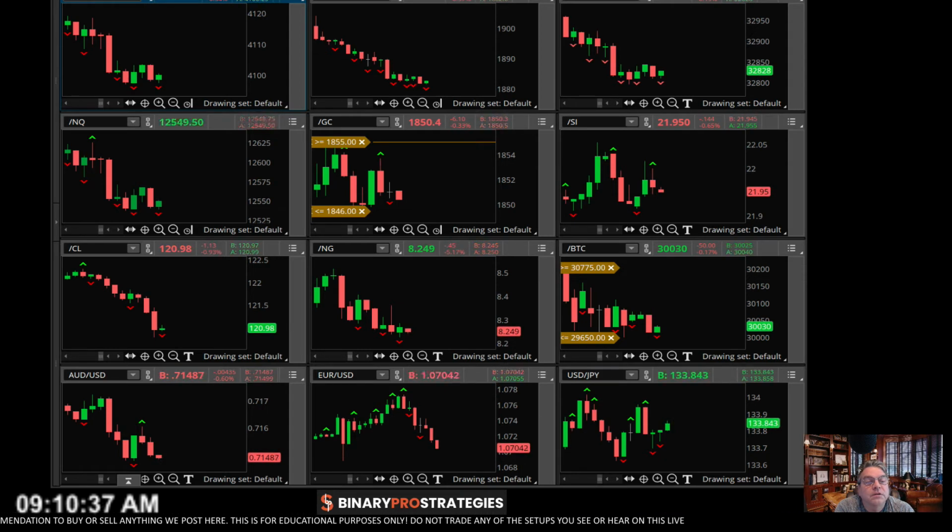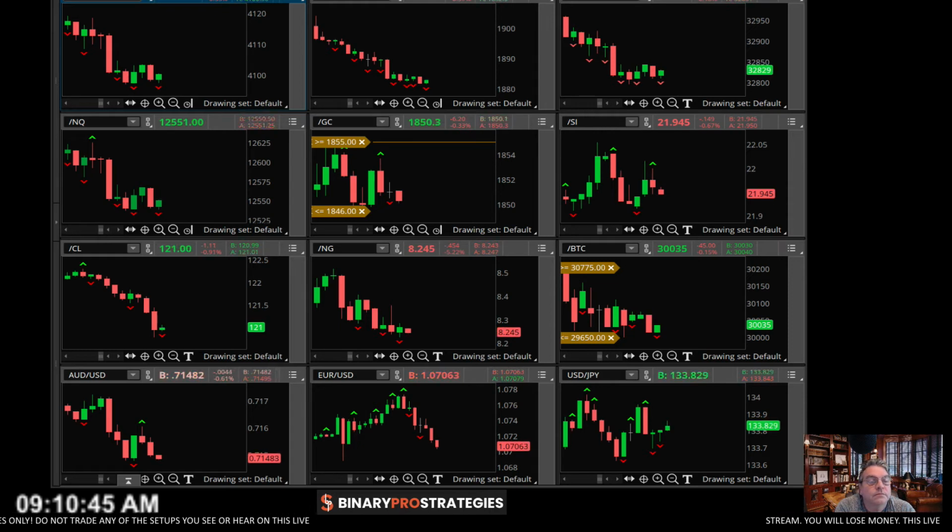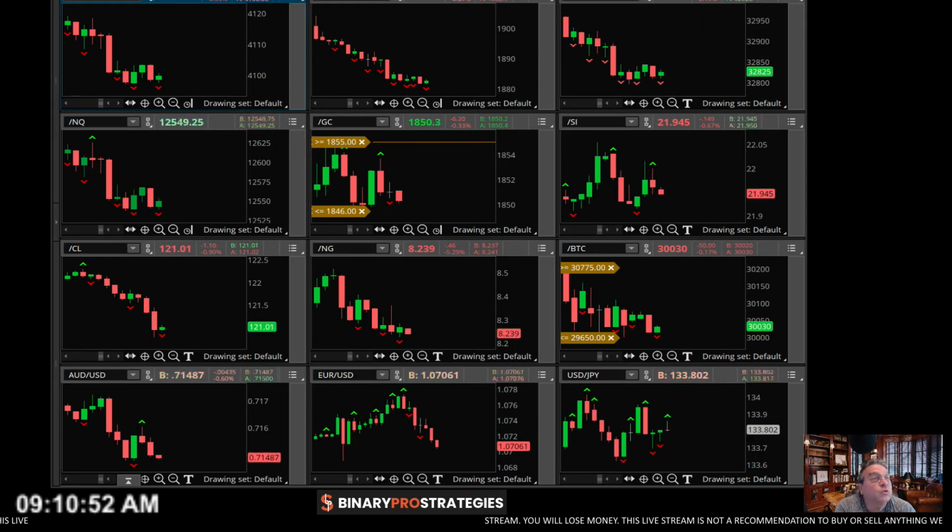We're going to take a short at 133.87. So yen short at 133.87. We'll hold this trade no longer than about 4 minutes.